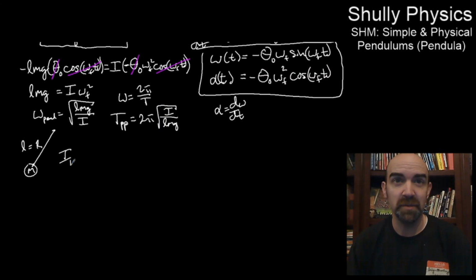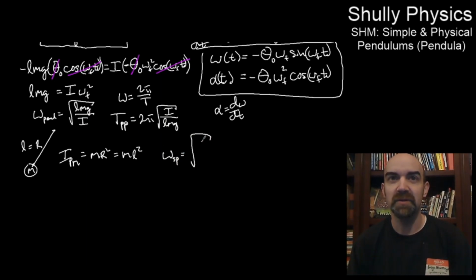So what is the moment of inertia of the point mass? For a point mass, it's mr squared. In this context, that r is the length L. Now this is going to be the simple pendulum because we now have a defined I value.